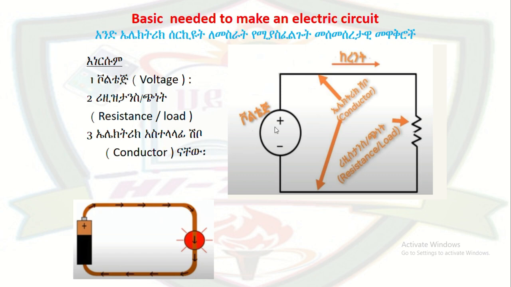As you can see over here, this is the voltage source, this is the conductor, this is the resistance. If these three things are present, current will flow. As you can see, the voltage is here, the conductor is there, and this is the resistance or load, just a light.